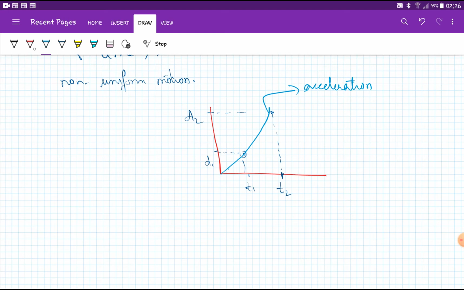Now if you continue to draw a straight line, that is the uniform motion. What happens if the curved line is bent below? For example, if it covers only this much, and you join this line, this line will become retardation motion.